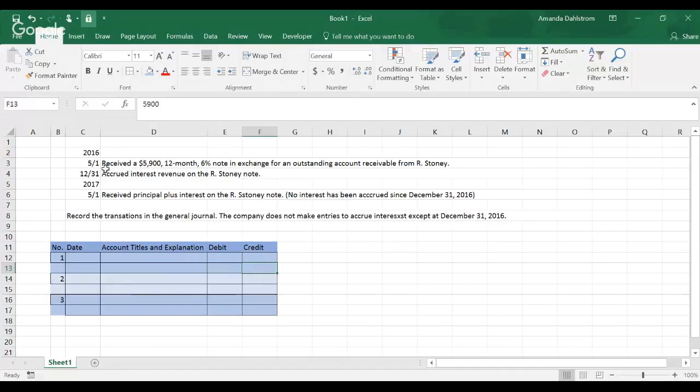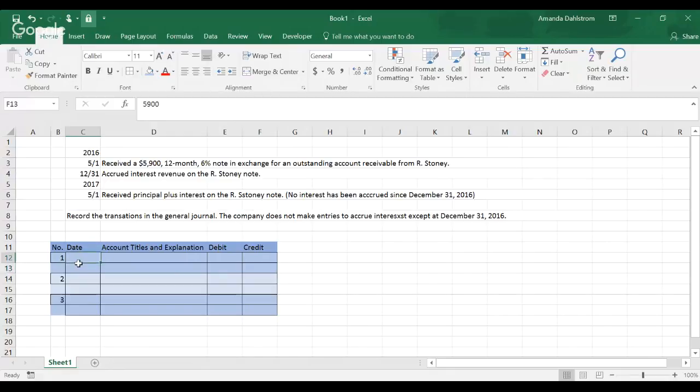So here we have, in 2016, on May 1st, we received a $5,900 12-month 6% note in exchange for an outstanding account receivable. On December 31st, we're going to record the accrued interest revenue on that note. And on May 1st of 2017, we're going to record that we received principal plus interest.